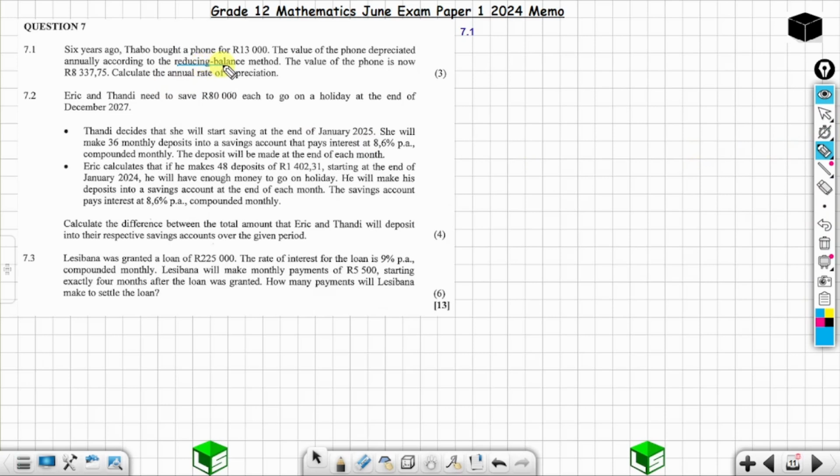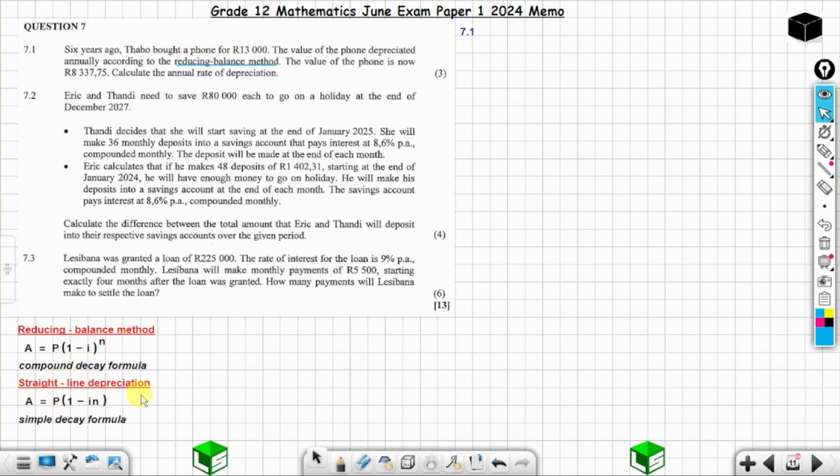So for the reducing balance method, you have to think of the following formula, okay? Because you have reducing, you are going to have minus. For straight line depreciation, you are going to have this formula.